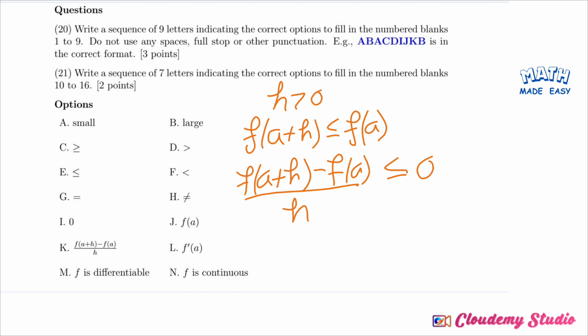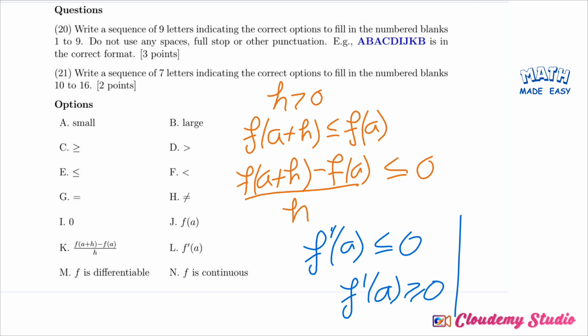Now we take the limits. So this says your f dash of a must be this. A parallel argument for a negative value of h gives, like if it is negative, then it is like this. So we can clearly see that f dash of a is 0 here.